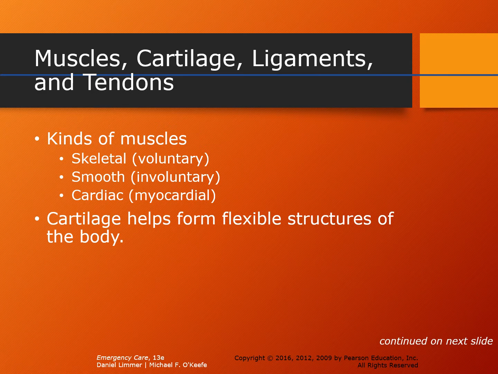Our bones don't flex very well, and that's why we have cartilage in the rib cage, to allow for more expansion. It also allows for our body to grow so that we aren't stuck in the same size for the rest of our lives. So that is why that's there.